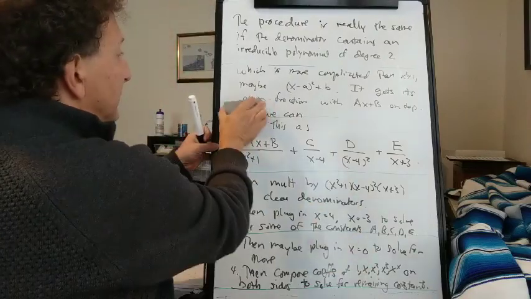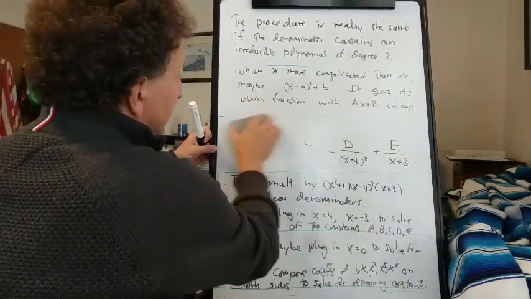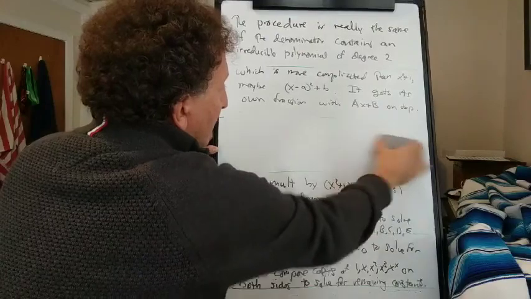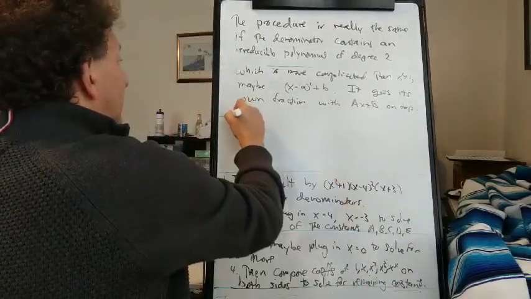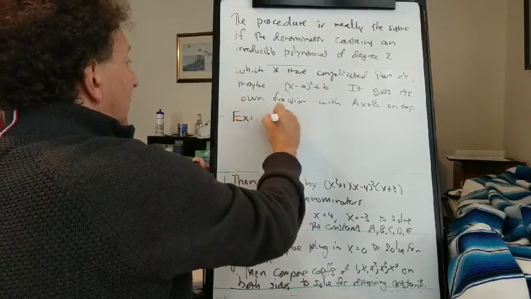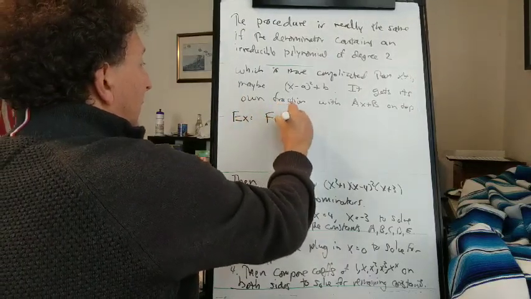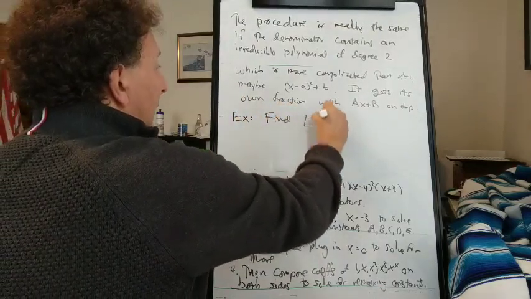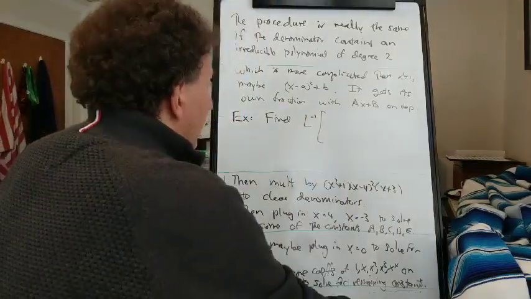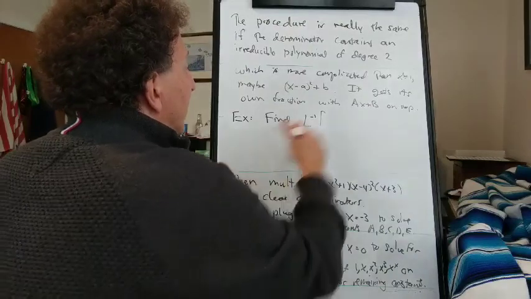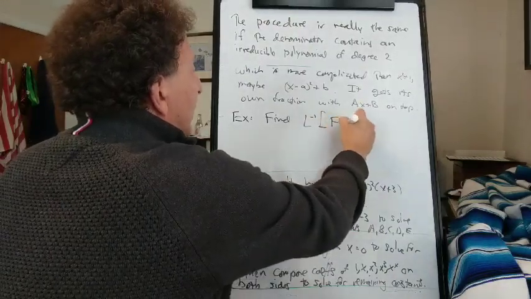So let's do an example. So let's say we're taking the inverse Laplace transform of a function. Let me call it just capital F of s for now.